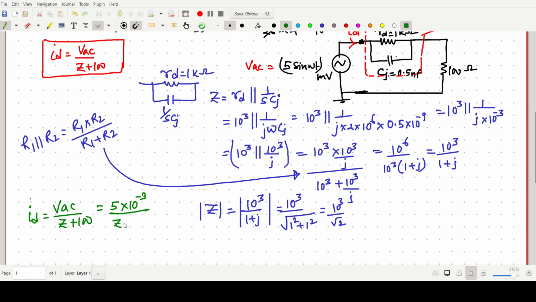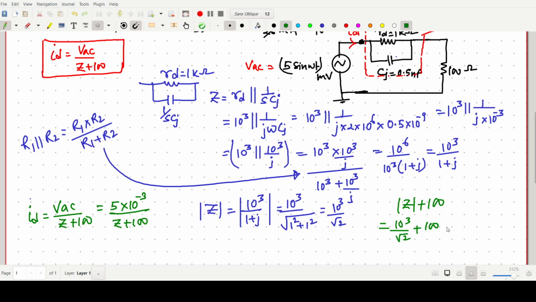So okay, Z plus 100. So now this one is Z magnitude. So we have to add Z plus 100 in the denominator, in that case. So better to solve this one in a separate place. Is it okay?